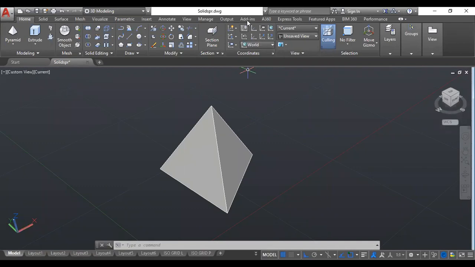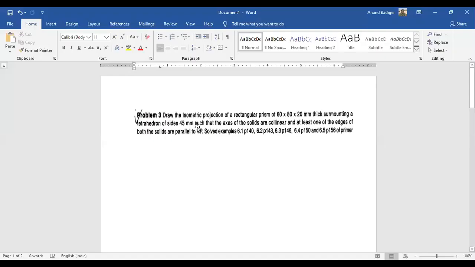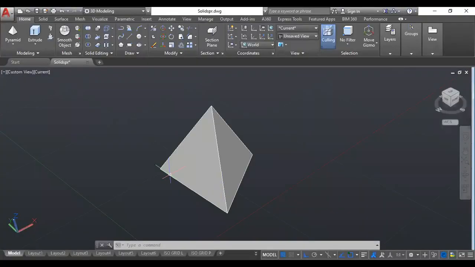They have mentioned that the tetrahedron has 45 mm sides, but they have not mentioned the height of the tetrahedron, which is actually required for the solution. So we know this edge length is 45. I need to find out its height. So first we need to do that.